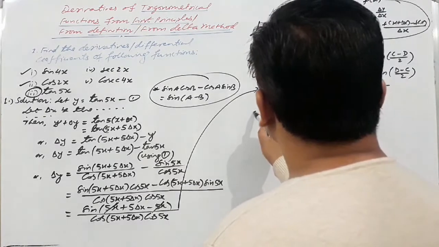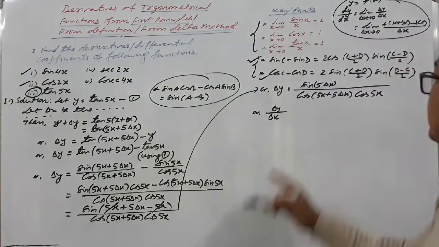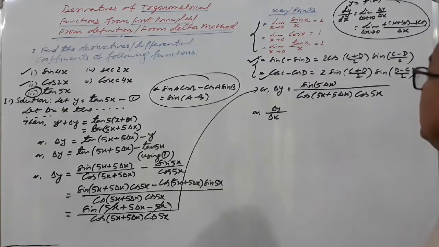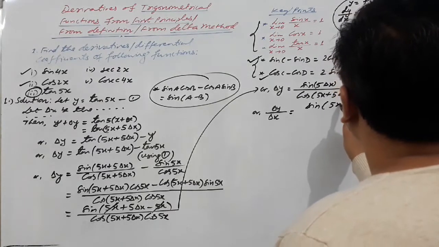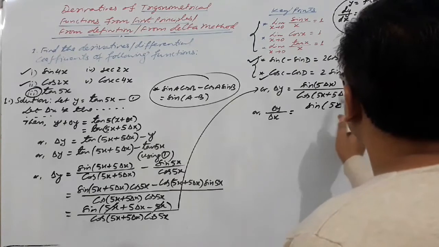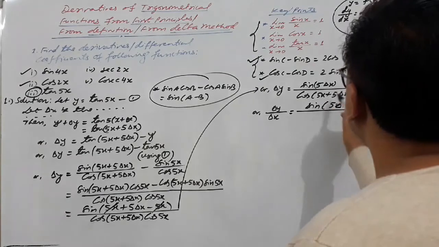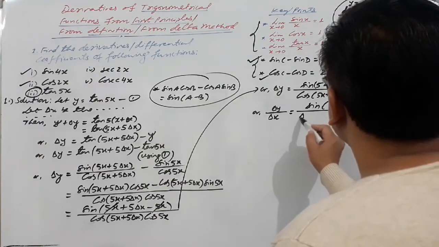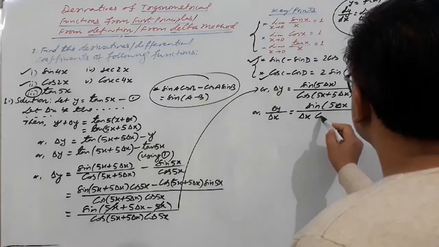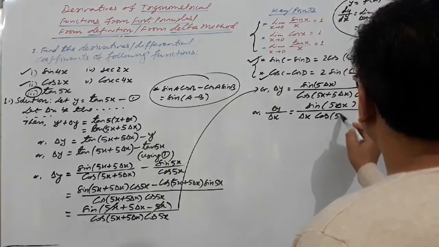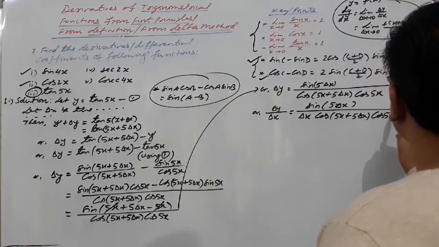We have simplified, and now divide both sides by delta x. After doing up to this line, you can divide by delta x. Sine of 5 delta x over, if you divide this by delta x, you're going to get sine of 5 delta x over delta x times cos of 5x plus 5 delta x times cos 5x.